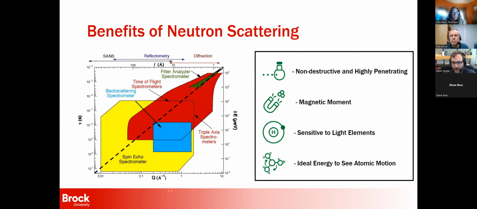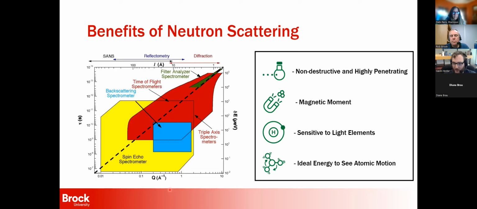Really what I want to point out here is that neutrons can cover things from, say, almost 1,000 angstroms to less than an angstrom. And it can measure time scales from 10 to the minus 7 seconds, so 10 microseconds, to 10 to the minus 14 seconds. So it just has this huge range of applicability.